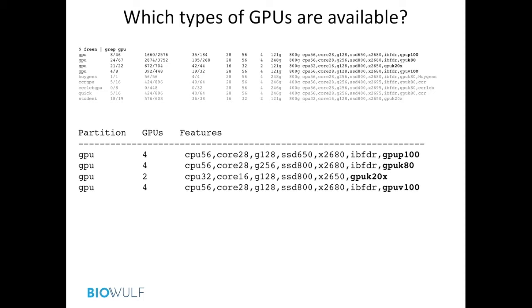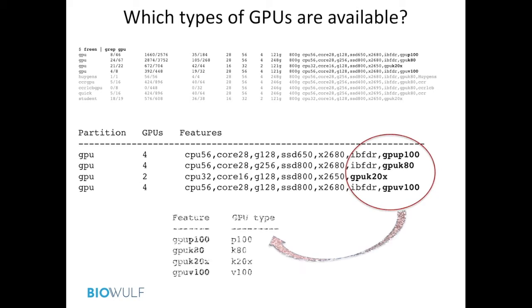Also listed are the number of GPUs per node and Slurm features. One of those features is prefixed by the string GPU, and following the GPU prefix is the GPU type. You'll need this GPU type to allocate GPUs as shown in the next slide.